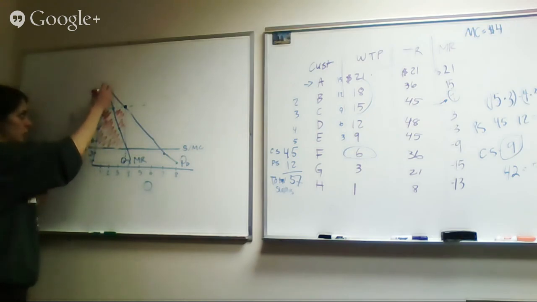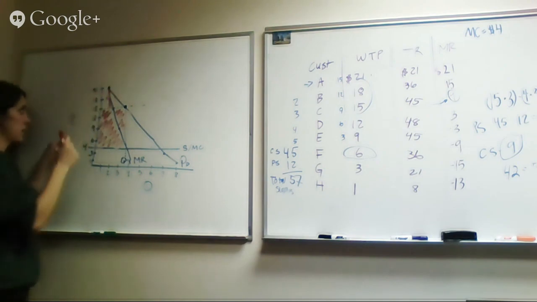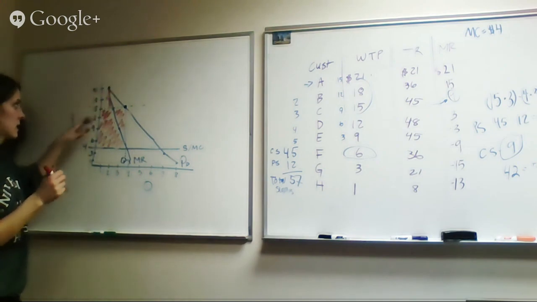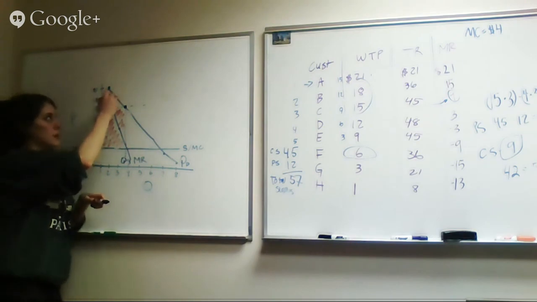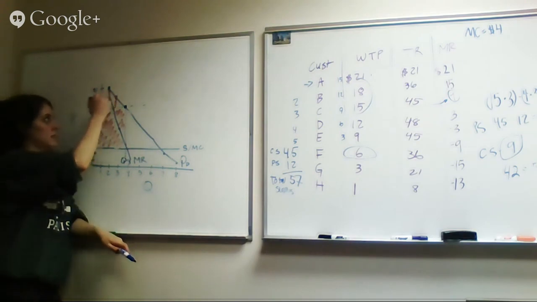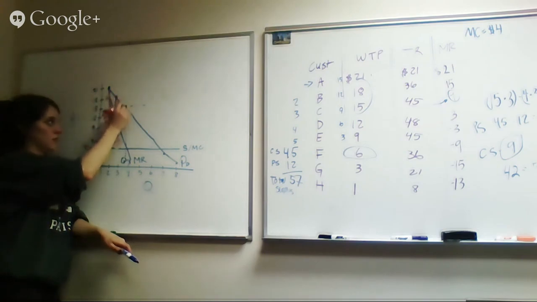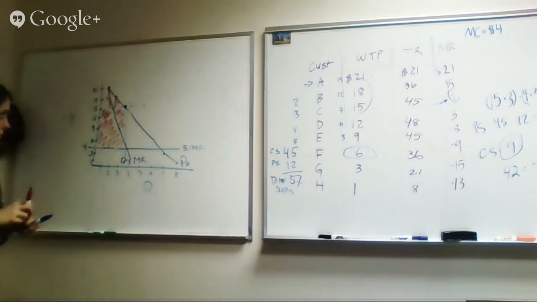So for the person who valued it at $21, this length would be 6, the difference between 21 and 15. The person who valued it at $18 gets a surplus of 3, and the person who valued it at $15 doesn't get any surplus.